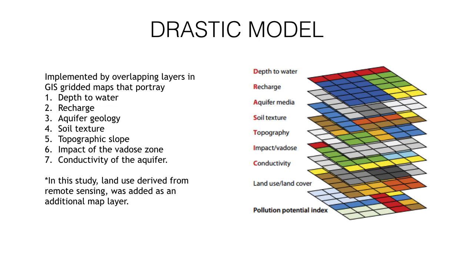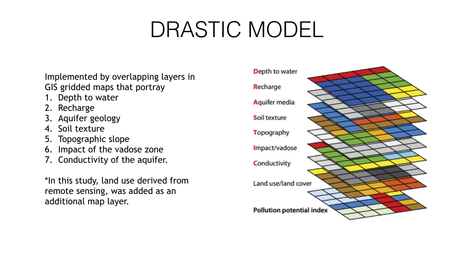GIS is a system of hardware and software used for storage, retrieval, mapping, and analysis of geographic data. The DRASTIC model is implemented by overlapping layers in GIS gridded maps that portray 7 factors.